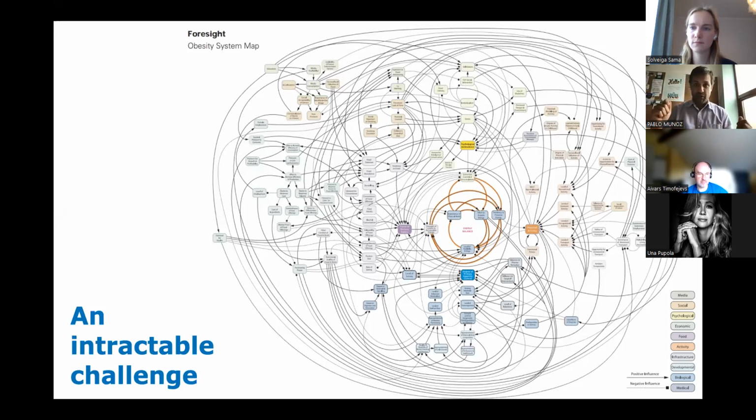We intervene, and the outcome of that intervention can be attributed back to the intervention itself. That's the impact measurement assumption, that we can say, that's the result of my intervention. But if you're a social enterprise delivering interventions to reduce obesity, you will be working in one space of this diagram.